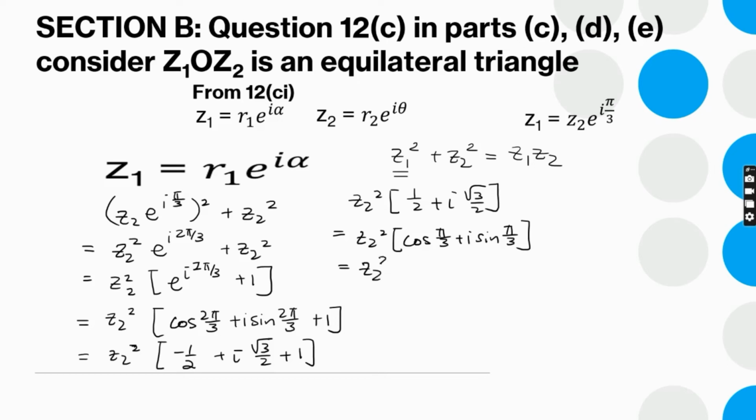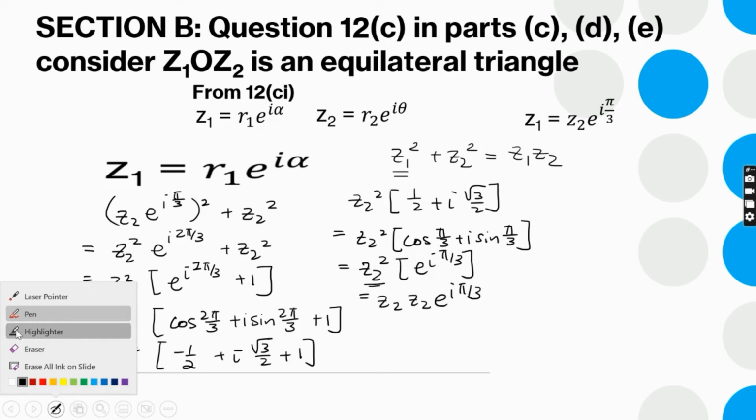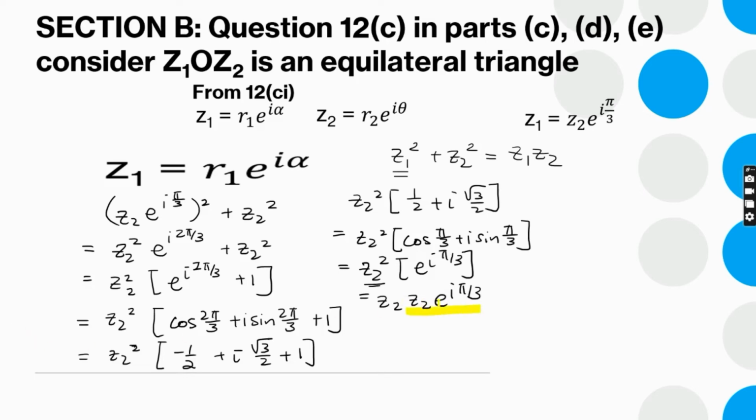So it gives me Z2 squared e^(i pi/3). Let me break this Z2 squared down. So it's Z2 times Z2 e^(i pi/3). Does this look familiar to you? Z2 e^(i pi/3), isn't that your Z1? So let me substitute that back in. So I've just shown Z1 squared plus Z2 squared equals Z1 times Z2.